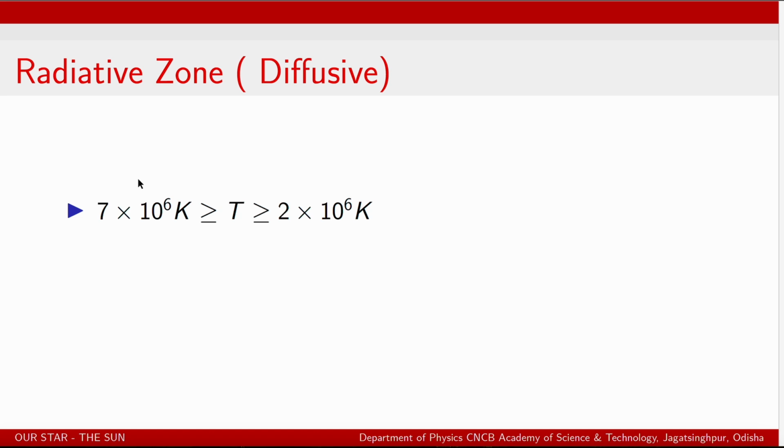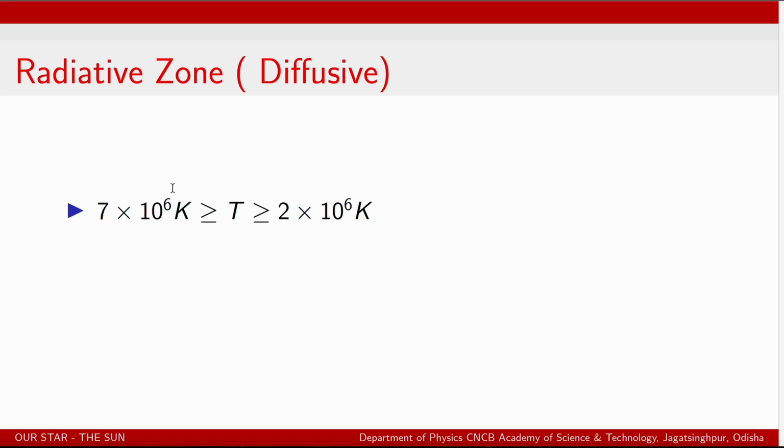In the next slide, we'll be in the next zone, which is the radiative zone, and the radiative zone is diffusive in nature. So we'll understand what diffusion is. In the radiative zone, you can see the temperature is between 2 into 10 to the power 6 Kelvin and 7 into 10 to the power 6 Kelvin.